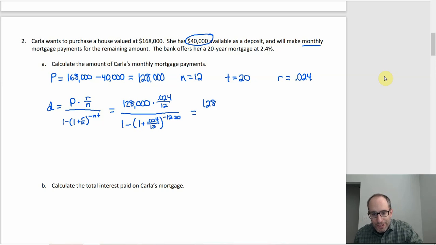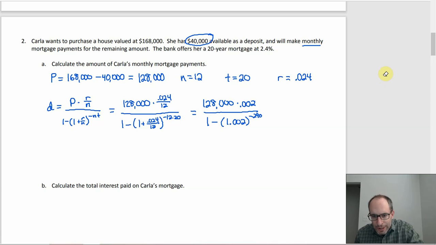So if you wanted to slightly simplify this, you could, because this doesn't always work. It doesn't work in number 1, where 0.089 over 12 is not going to divide evenly. But here you could say this will be 128,000 times 0.002 over 1 minus, and if that fraction is 0.002, then the thing in parentheses must be 1.002, raised to the power of negative 240.